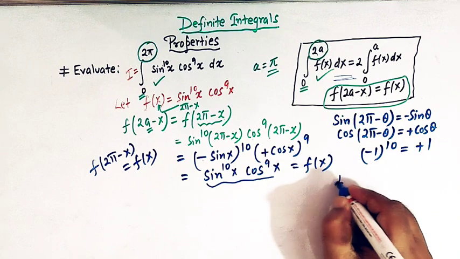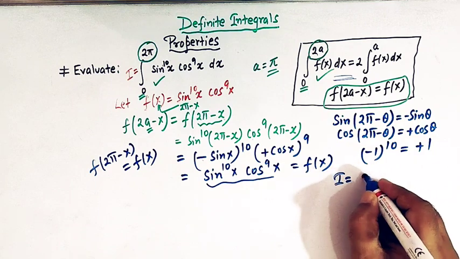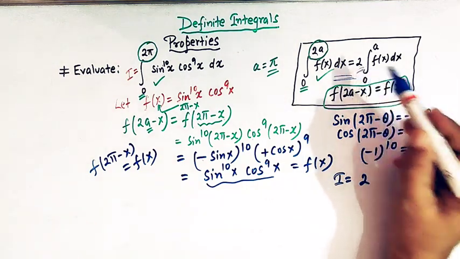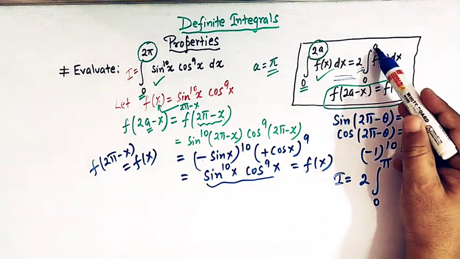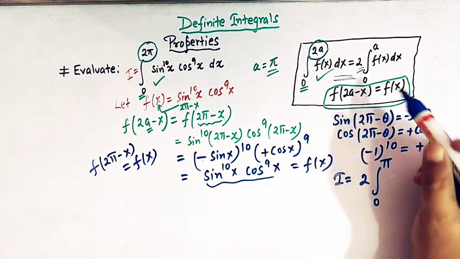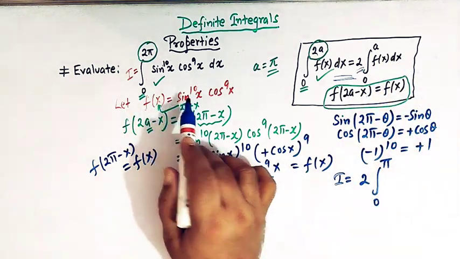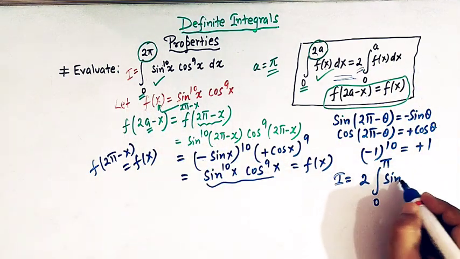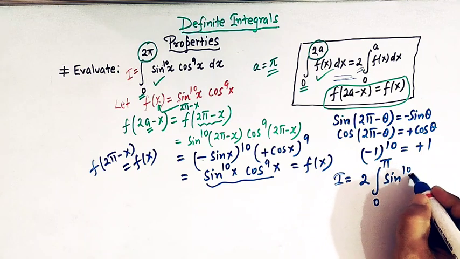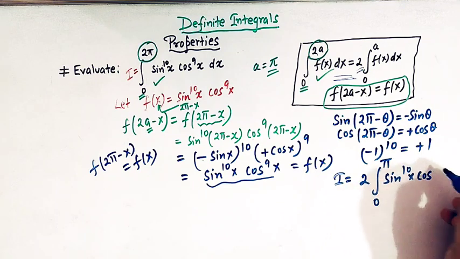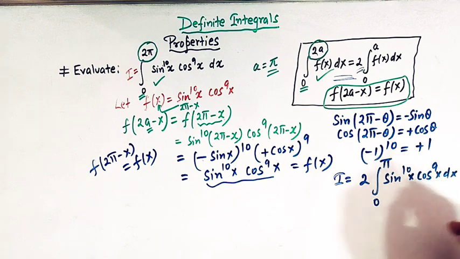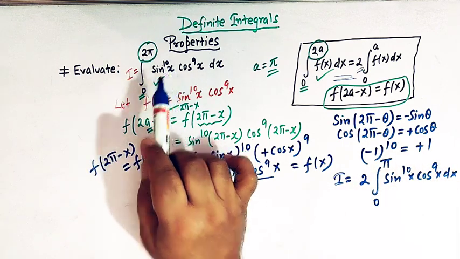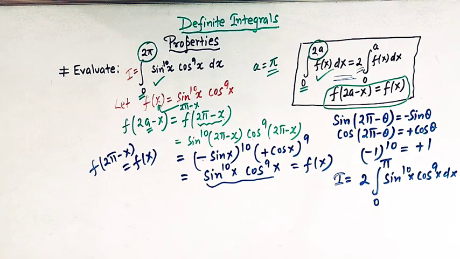Now this integral I can be written as 2 times the integral from 0 to pi, because a is pi, of f of x dx, where f of x is sine raised to 10x cos raised to 9x dx. So now this integral reduces to this integral.